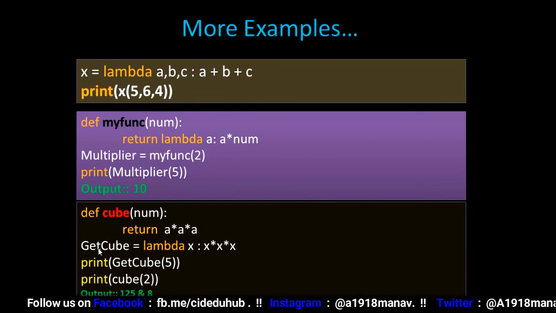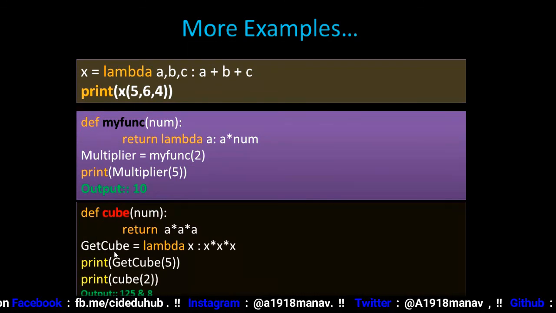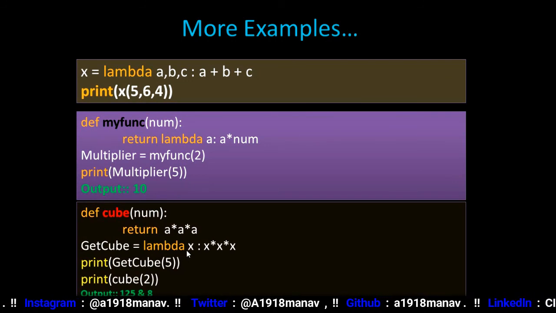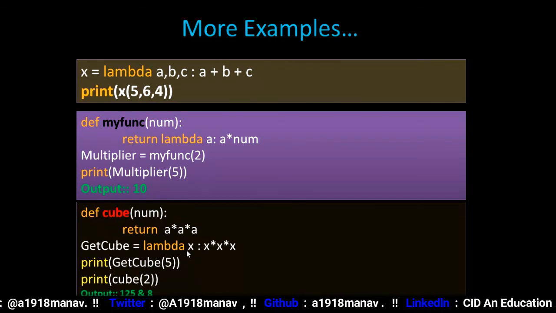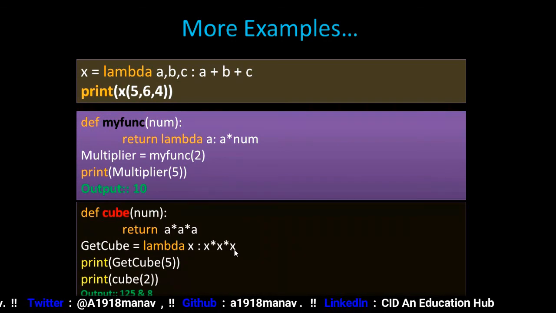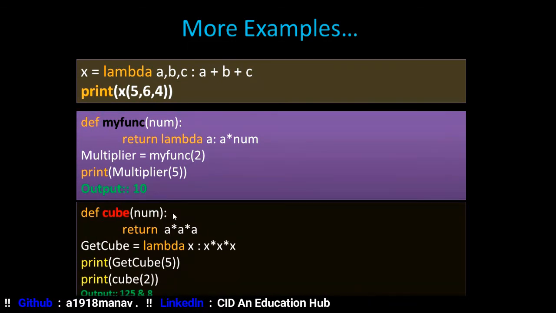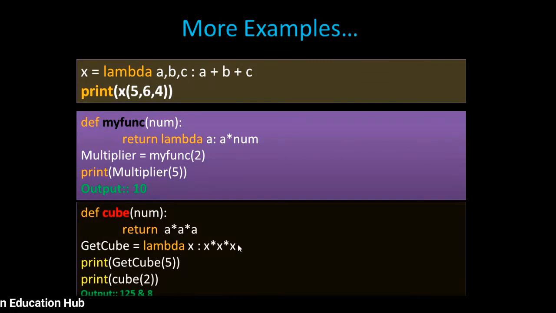Now we have a variable get cube and let me call lambda here. x will be the argument, and it returns x into x into x. That means it is the same as these two lines. With a lambda expression we can do this in only one line.